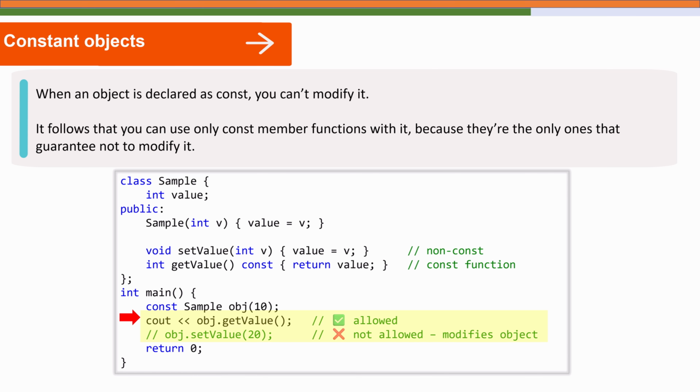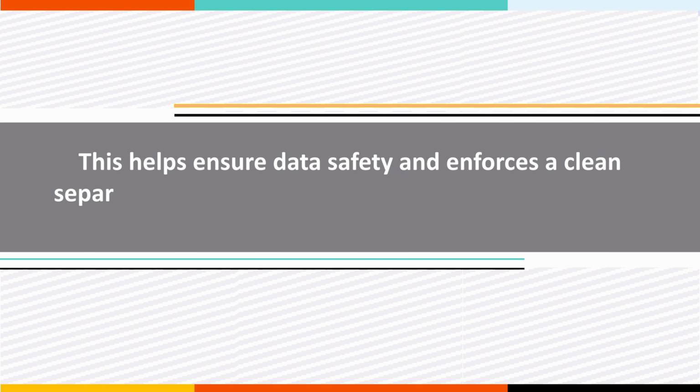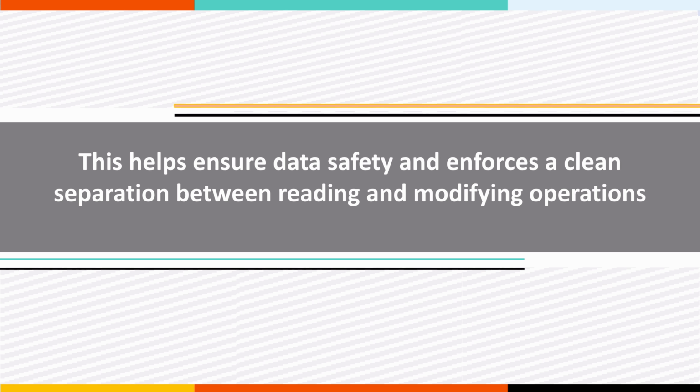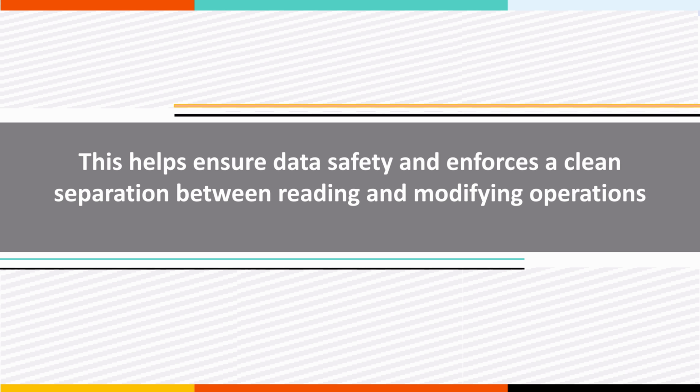No writes are made to the data members. So this combination, constant objects with constant member functions, helps to ensure data safety and enforces a clear separation between reading and modifying operations.